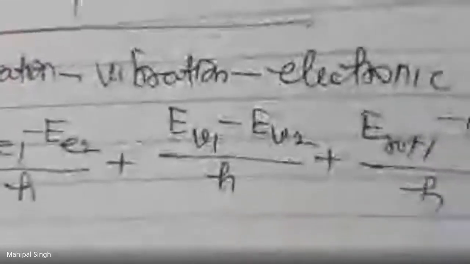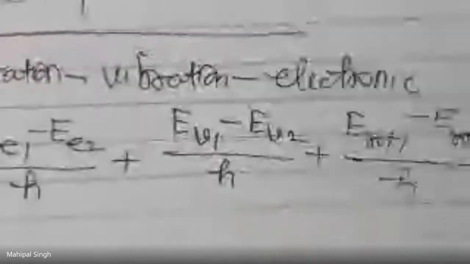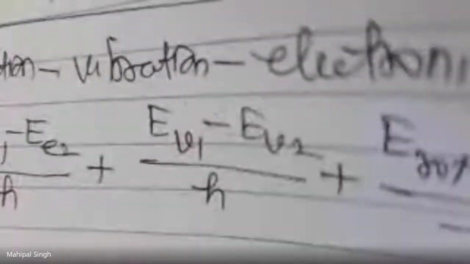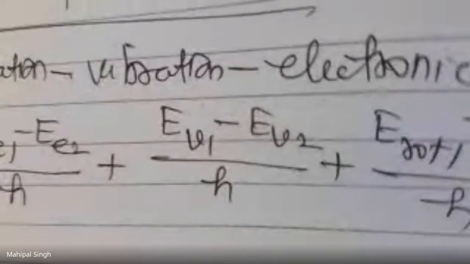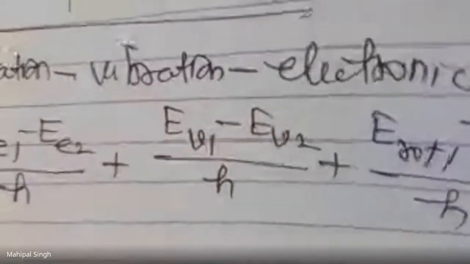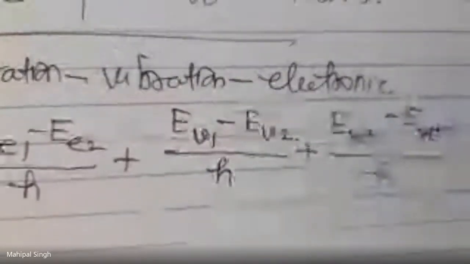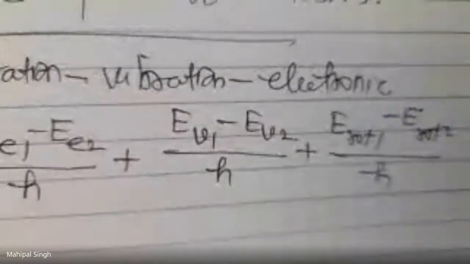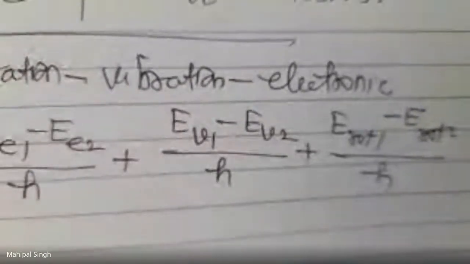So, in this lecture, we have discussed electronic spectra of molecules and the vibrational rotational spectrum of a molecule and different transitions, P branch, Q branch, and so on.